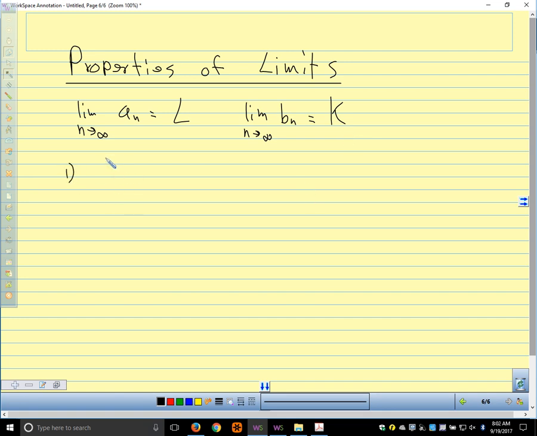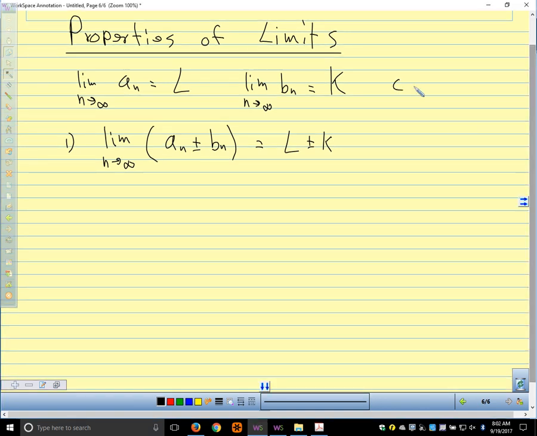We can add or subtract limits: a sub n plus or minus b sub n is L plus or minus k. And C is a real number.